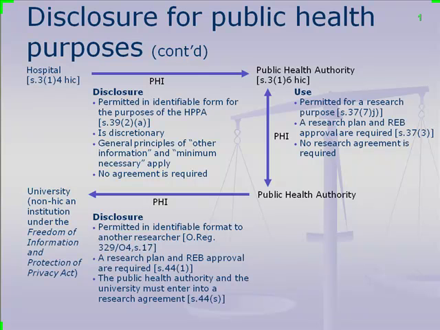So if we go through the first scenario, okay, the hospital's PHI goes to the Public Health Authority for public health purposes, no agreement, nothing, authorized in the legislation. If there is a breach at this stage, then the Public Health Authority is responsible for notifying.